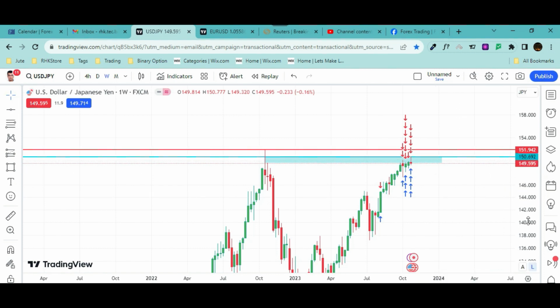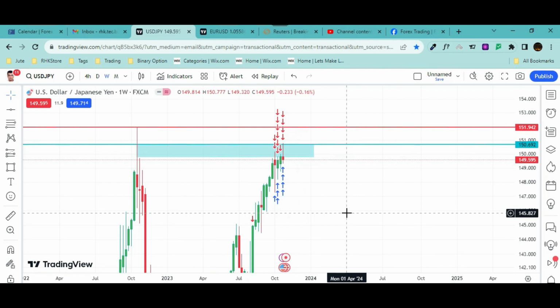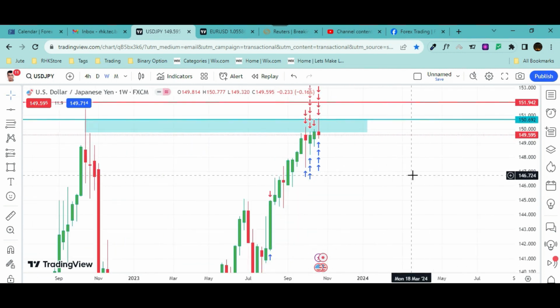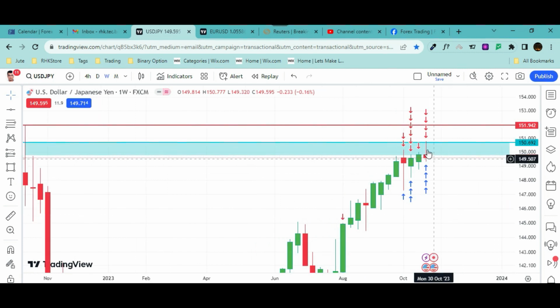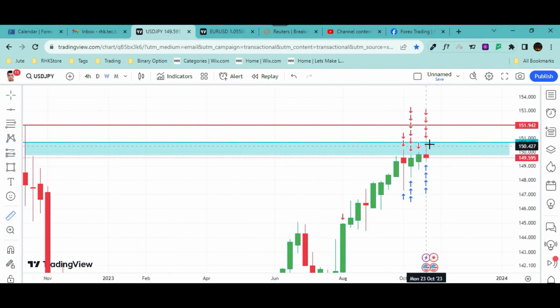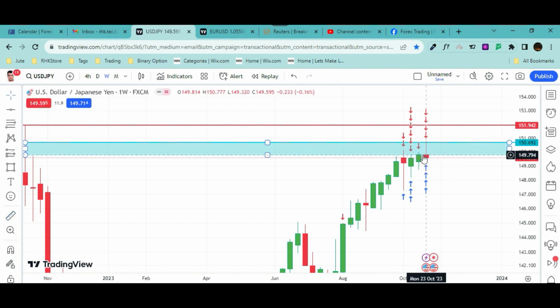So in weekly chart, we can see very clearly the market has rejected the price here already, and it is not a small one in week. If we can see exactly, it is something like 90 pips. It has been retraced.